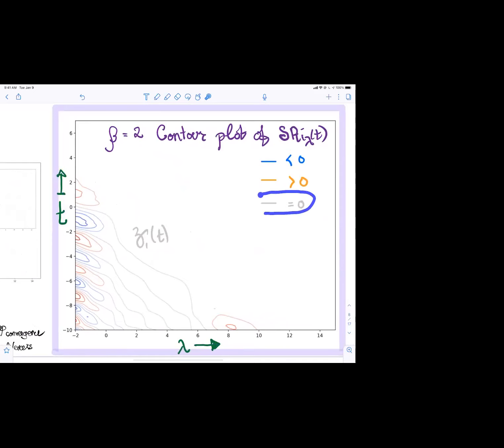So these should be the Airy points. These are the gray lines. And you have some other level lines, I don't know what they are anymore, which were positive level lines and negative level lines. So the only thing for which we have any interpretation are the gray lines.